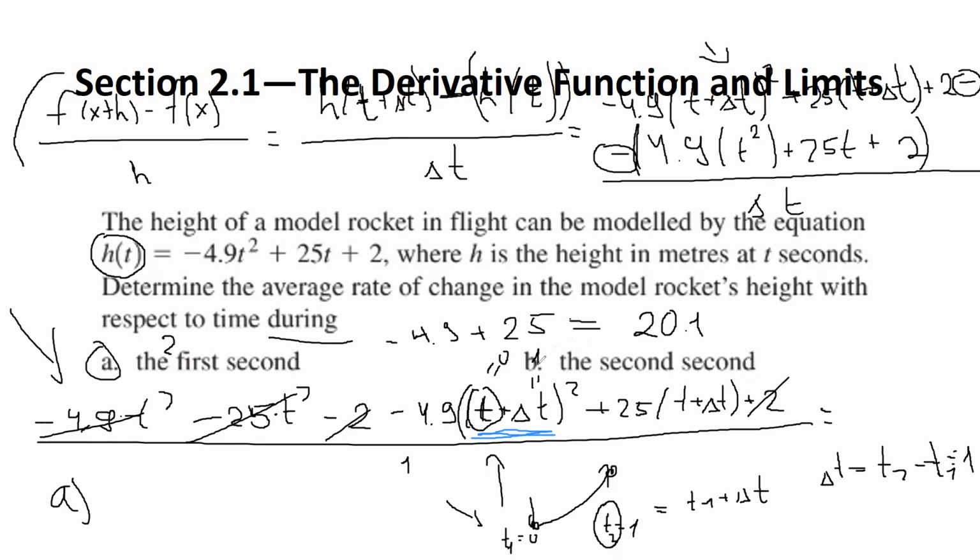Oh, and same thing for here. Yes, here we're just not squaring it, just 0 plus 1. Oh, okay. And this times 25. So 25 times 1, 4.9 times 1. And you see, because you're looking for the average rate of change, you don't need to expand these brackets. Keep it in mind.